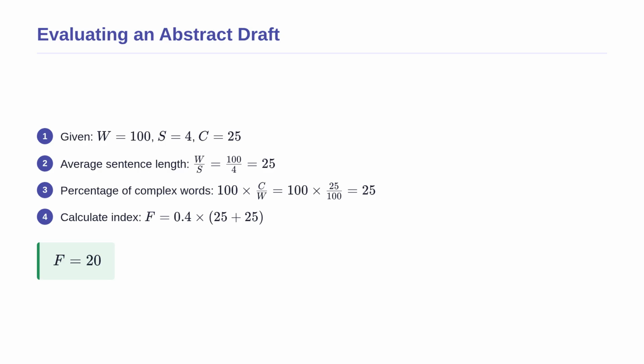Next, we find the percentage of complex words, which is 100 times 25 over 100, equaling 25%. We add these two values to get 50 and multiply by our constant 0.4. The final answer is an index of 20.